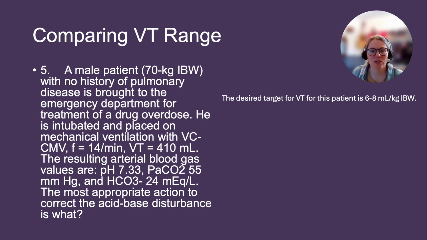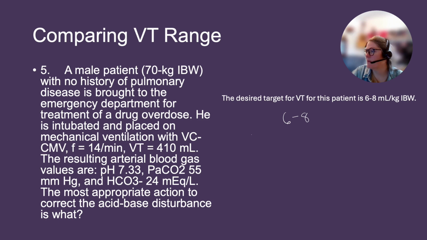So for me, the first thing I do when I look at this equation is I want to take into consideration the ideal body weight, and I want to look at my tidal volume and see if that is appropriate. And so to do that, I'm going to create my ranges. Now this is a drug overdose patient with normal lungs. So our range for normal lungs is 6 to 8.